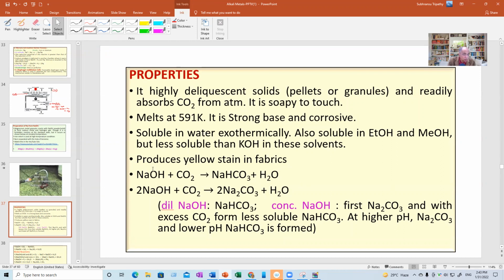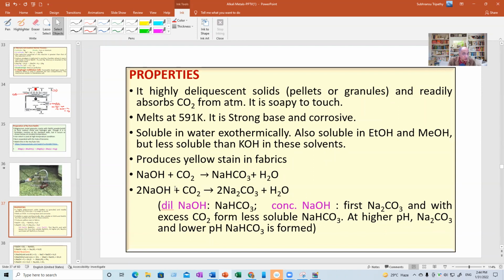Now, sodium hydroxide being basic will react with an acidic oxide, carbon dioxide, to form either sodium bicarbonate or sodium carbonate. If you take dilute sodium hydroxide and pass CO2, you first get sodium bicarbonate. But if you are taking concentrated sodium hydroxide, the pH is higher, and CO2 will first produce sodium carbonate.